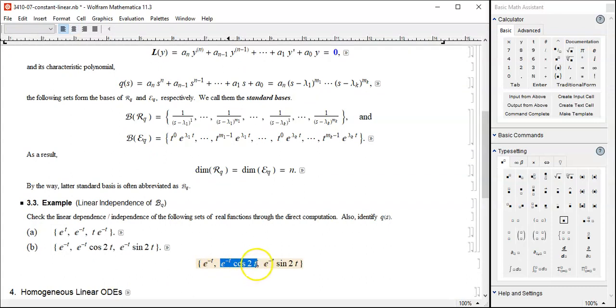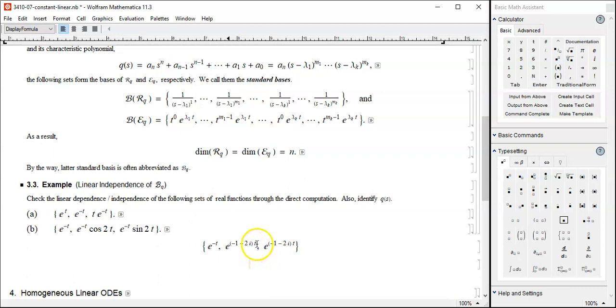So actually, you're going to get something like this: e to the (-1 plus 2i) t, e to the (-1 minus 2i) t, and this basis and that basis are equivalent.